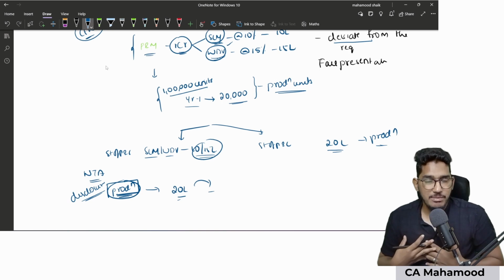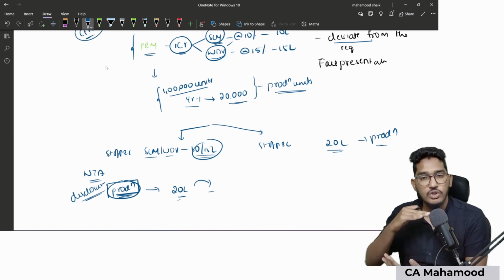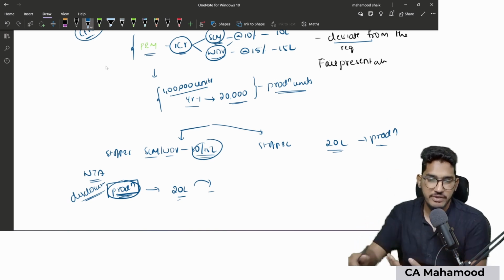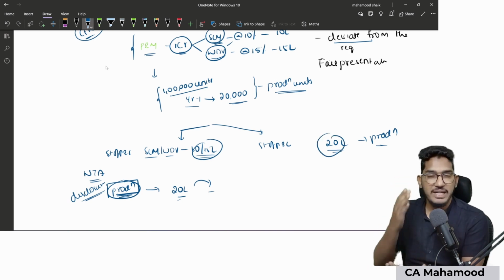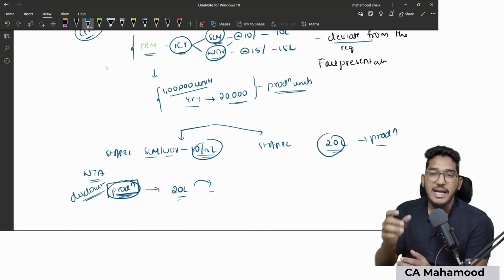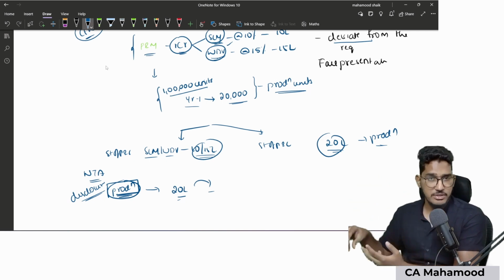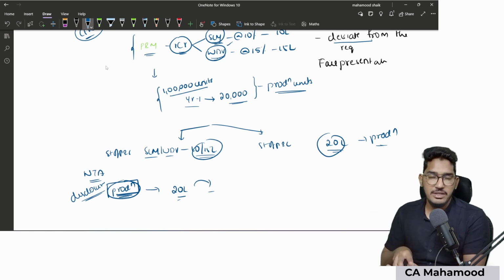I want to achieve fair presentation. For that purpose, I have altogether ignored whatever is mentioned in the framework and I am following something else to achieve fair presentation. So if the freedom has been given in the framework, either to provide additional disclosures or to deviate from the requirements of the framework to achieve fair presentation, we call it a fair presentation framework.